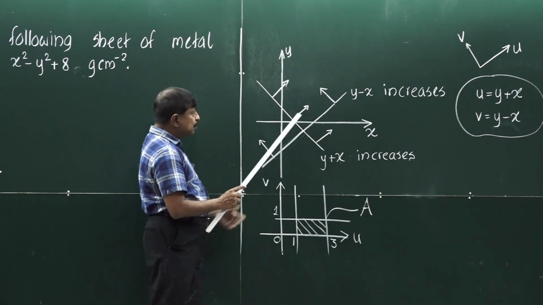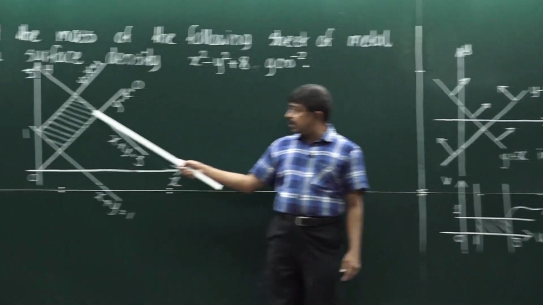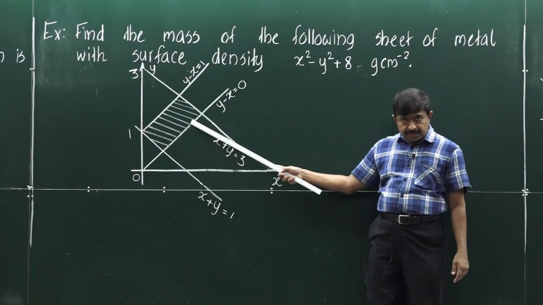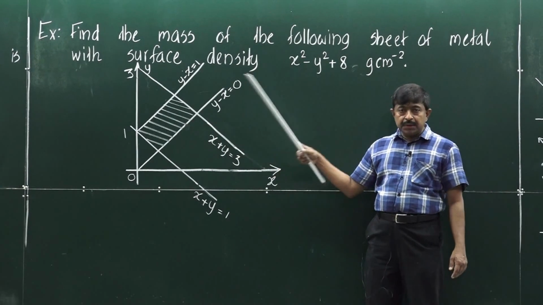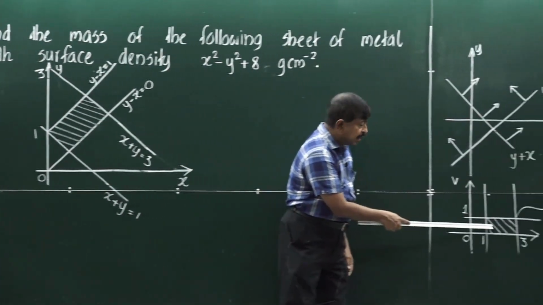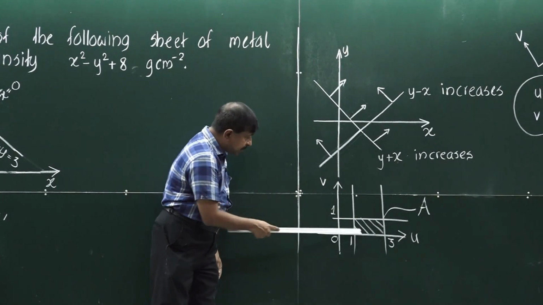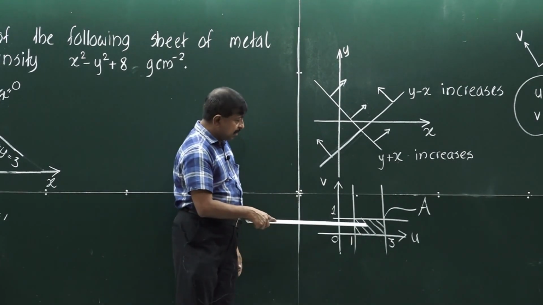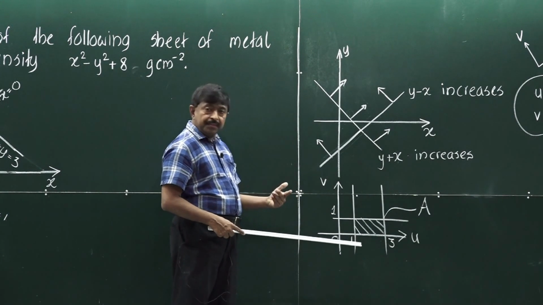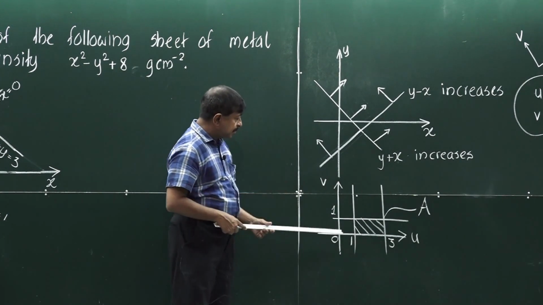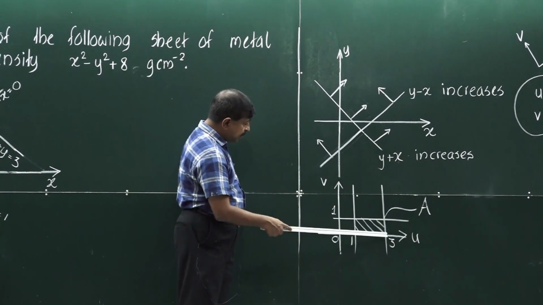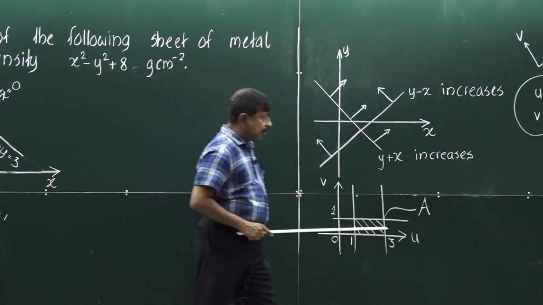So, in the rectangular coordinate system, the sheet appears like this. However, in the new coordinate system, it appears in a different manner. Now, you have to integrate that over this area. Here it is easy, the limits are all constants. So, u goes from 1 to 3, v goes from 0 to 1.